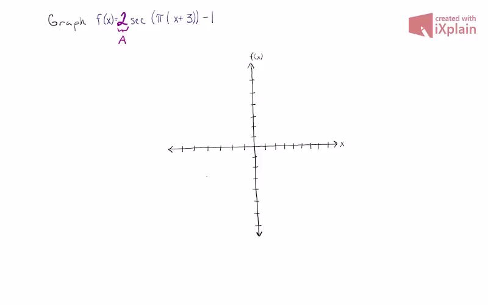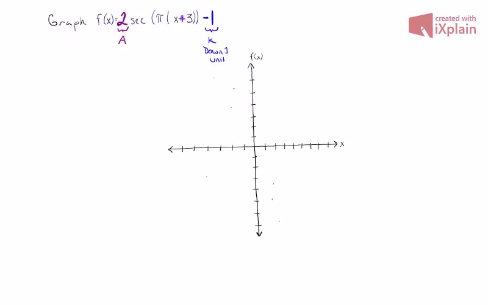The next item that we might want to note here is the -1 that's on the outside of the function itself. So this is going to be our midline. And that tells us that we are moving down 1 unit. Let's move into the interior.